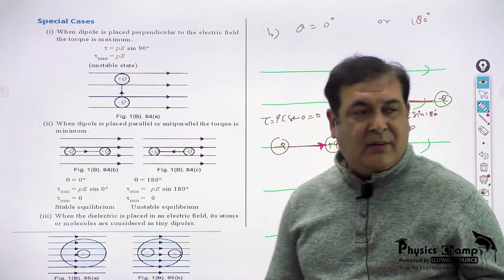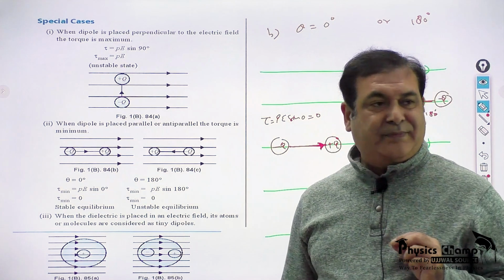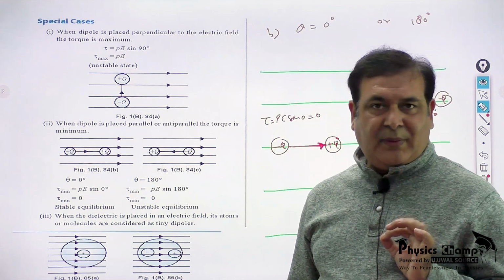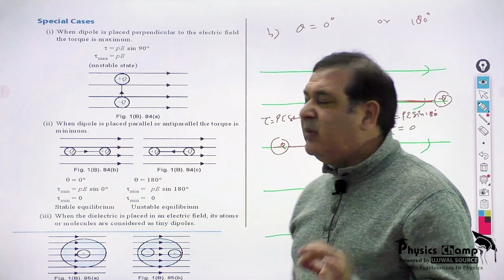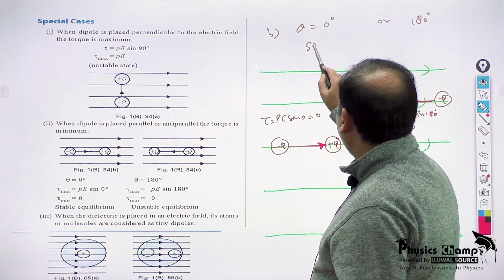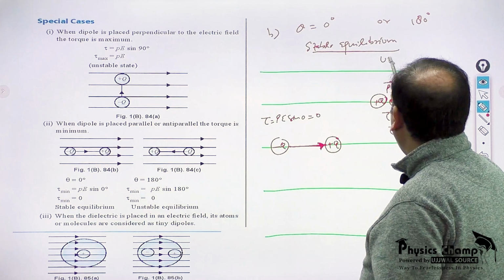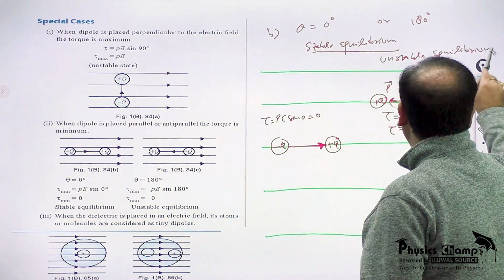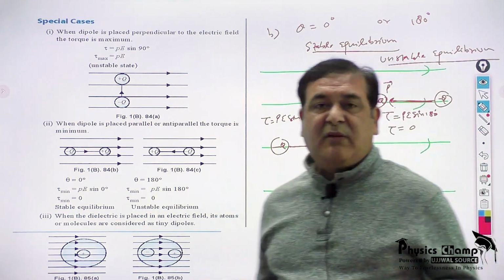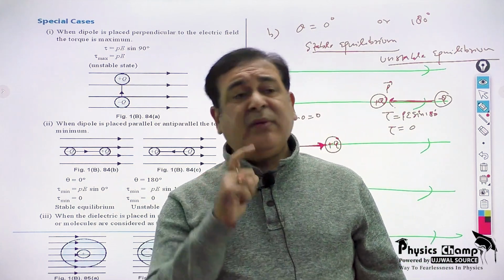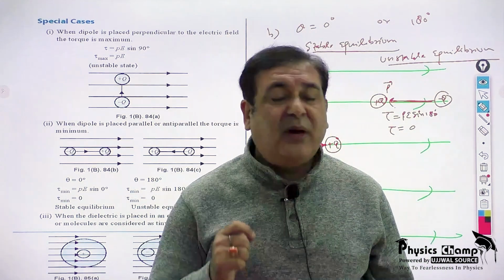But then I ask you, in these two conditions, in which of them is the dipole in stable equilibrium and in which is the dipole in unstable equilibrium? One of the situations is where the dipole is in stable equilibrium, and one is where it is in unstable equilibrium.